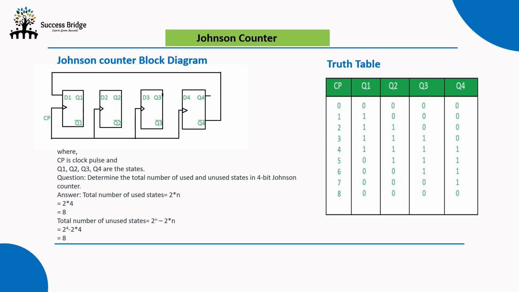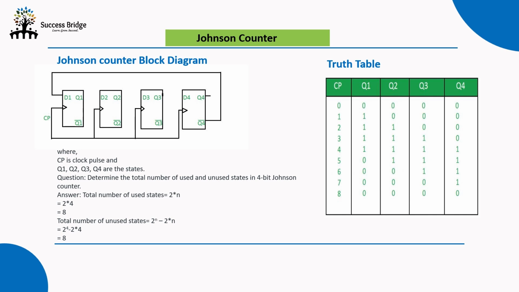Then Q1's previous state 1 is shifted to Q2, the previous state of Q2 is shifted to Q3, and Q3's previous value 0 is shifted to Q4. Again Q4 is 0, inverted as 1, and passed back to Q1. The previous value of Q1 is shifted to Q2, Q2's previous value 1 is shifted to Q3, and Q3's previous value is shifted to Q4.